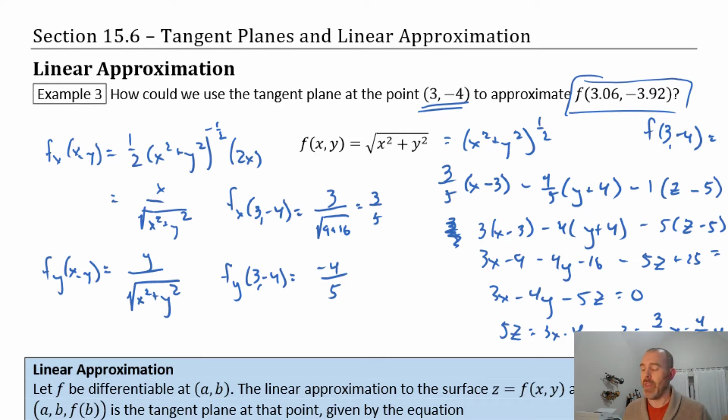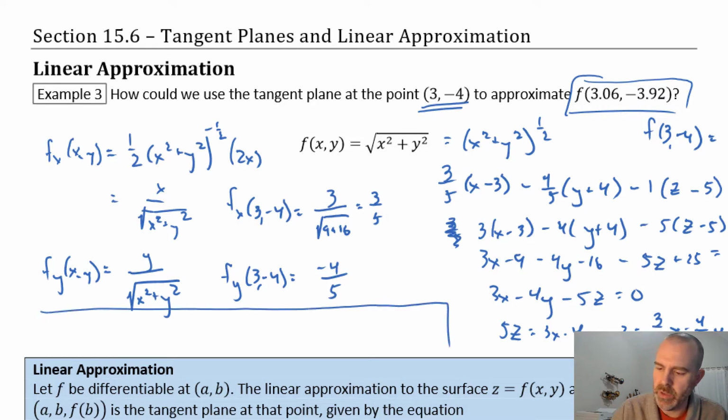So now, that is our tangent plane. And what we'd like to do is use that tangent plane to approximate the function near the point where the tangent plane touches. We are almost out of space, so let's go over here to our conclusion.